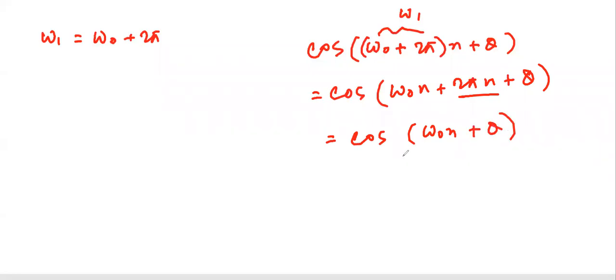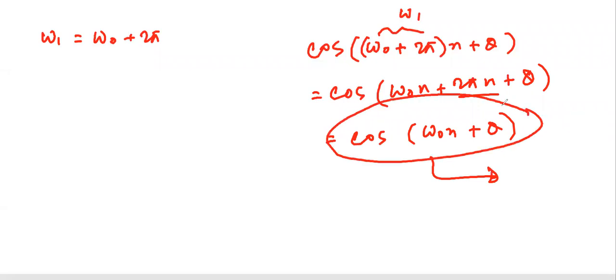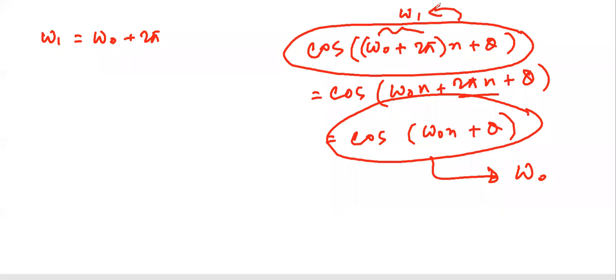So what is the discrete frequency of this one? Of course, by the formation, this is omega 0. And what is the discrete frequency of the other one? That is, of course, omega 1. So you start with omega 1, and unfortunately or fortunately, you end up with omega 0. What is the difference between these two?